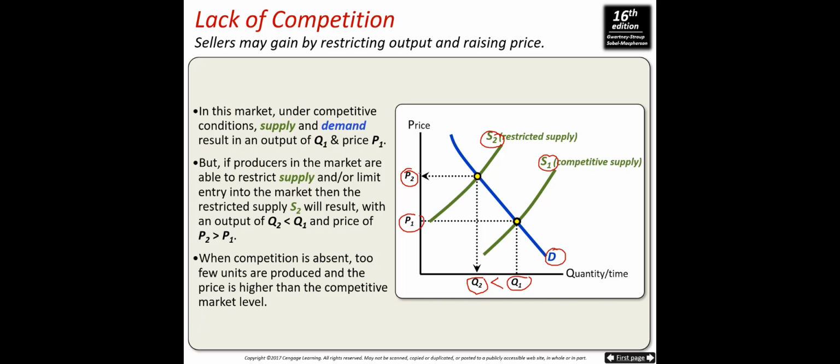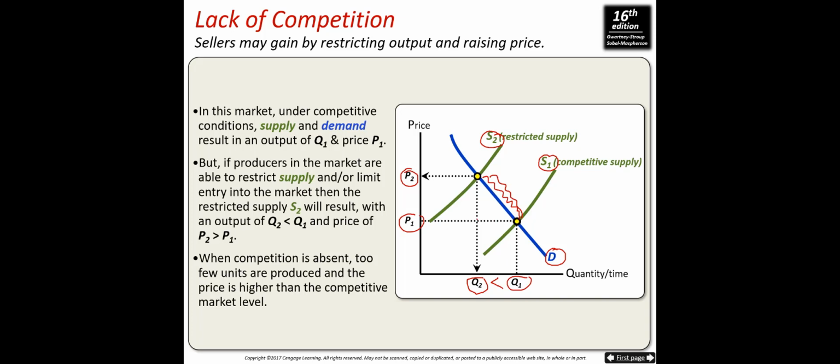Here is the key point. Price is a revenue for the company, so it's a profit. But how about these people here? Look, there are people here who could buy the product if the industry were competitive, but now they cannot afford or they don't want to pay the P2 price, and these people are out. They are no longer part of this supply and demand because they can't afford or buy the product.